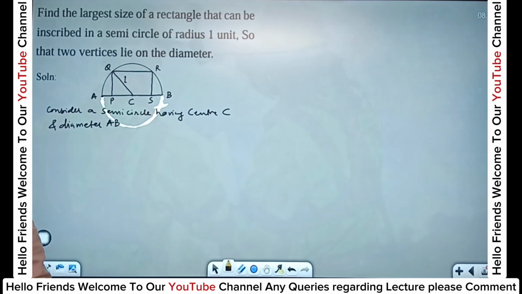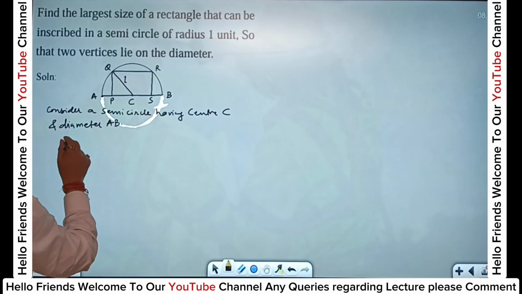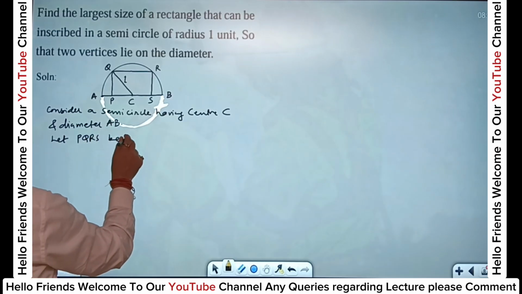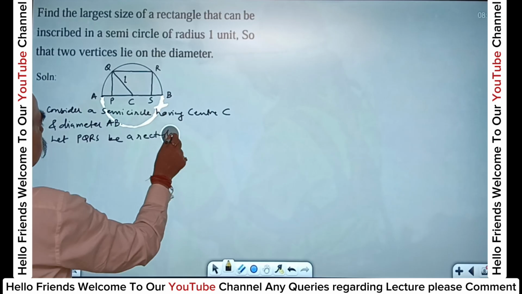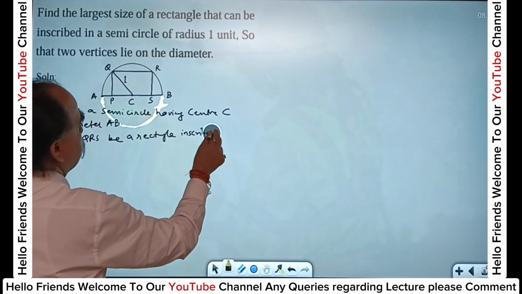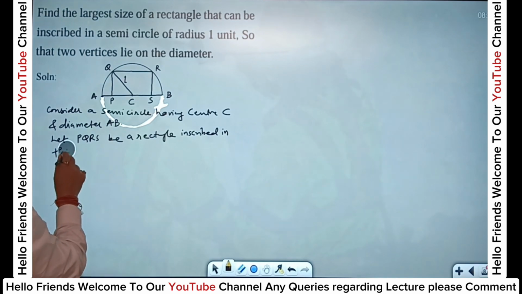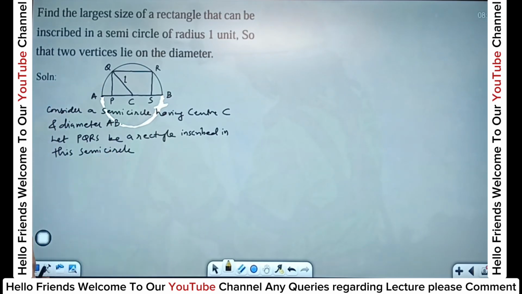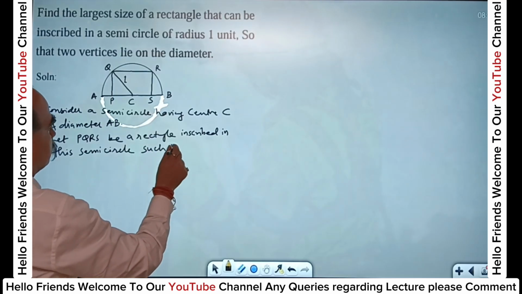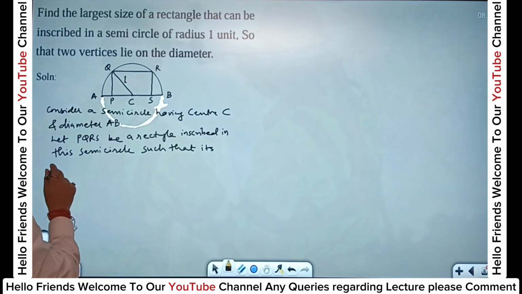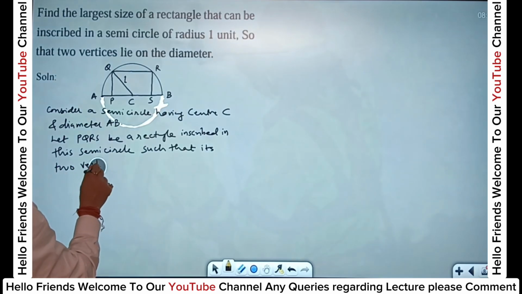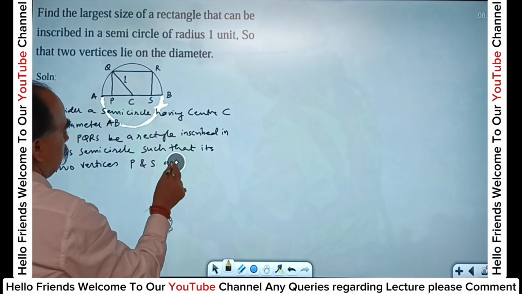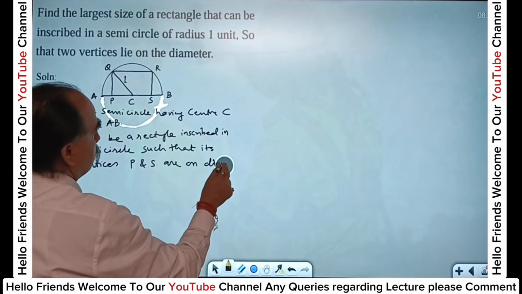Let PQRS be a rectangle inscribed in this semicircle such that its two vertices P and S are on diameter.